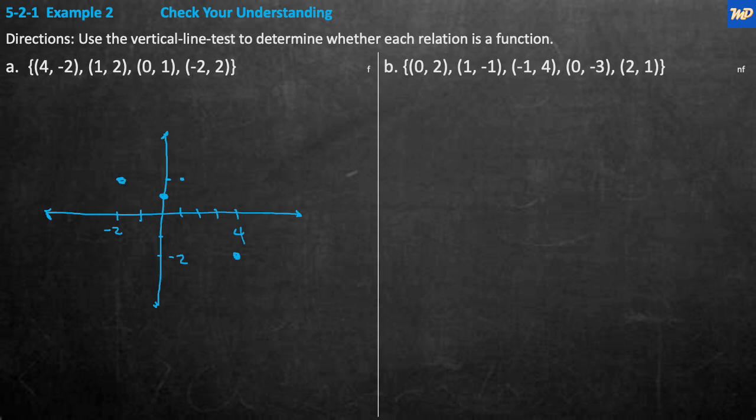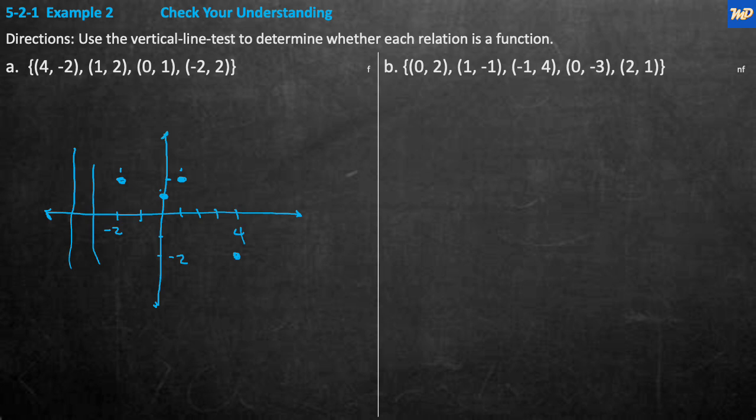-2 and 2 is right here. Okay, so now you've got this point here, a point here, a point here. I'll draw this a little bigger, and a point way over here. So now if you take your pencil and draw it across the page, you're going to start imagining lines coming down, right? So if you've done that, you see that there's only one dot that a line would hit right here.